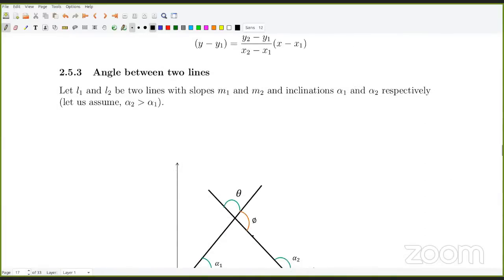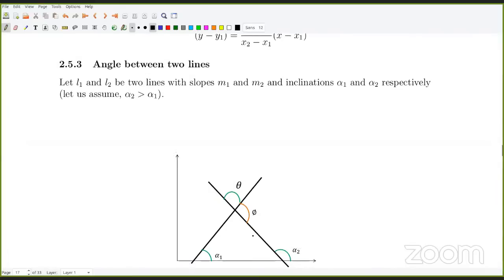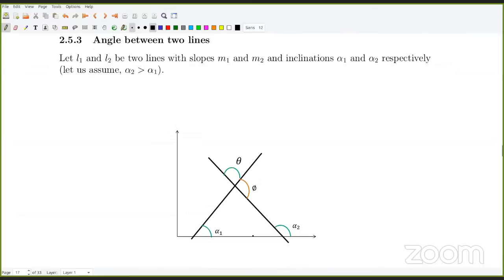And angle between two lines is one important topic. If you understand the angle between two lines, then whatever the mock question you have will be easy. See, if there are two lines L1 and L2, where the slopes of L1 and L2 are M1 and M2, and their inclinations, meaning with respect to the positive x-axis, are alpha 1 and alpha 2.